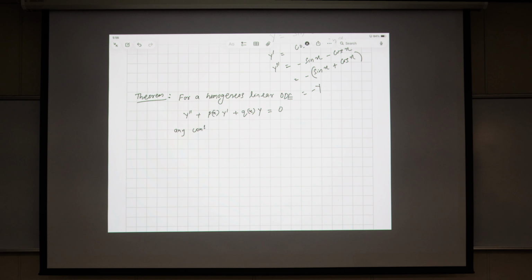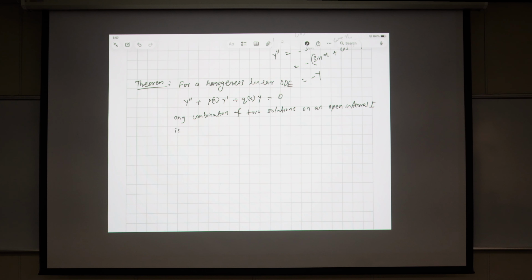Any combination of two solutions on an open interval I is a solution of the ODE.